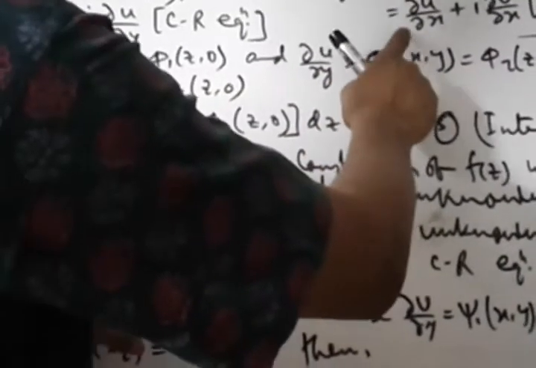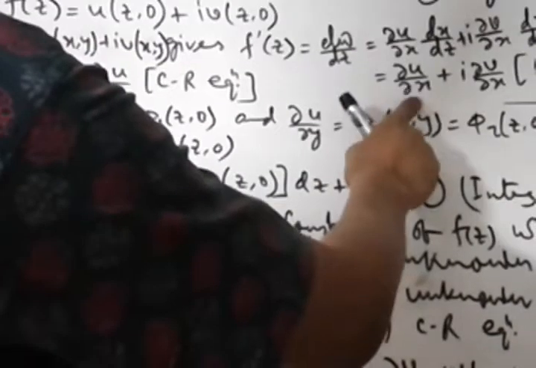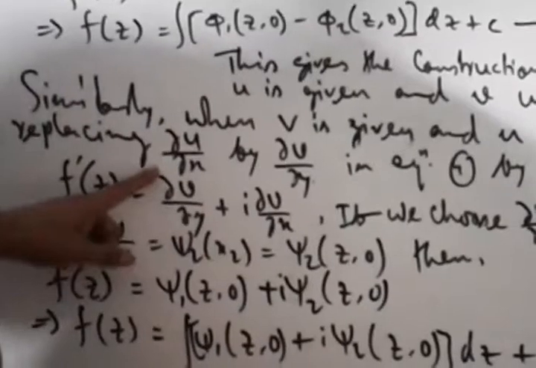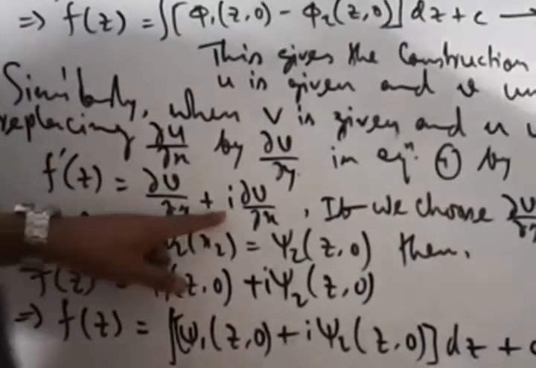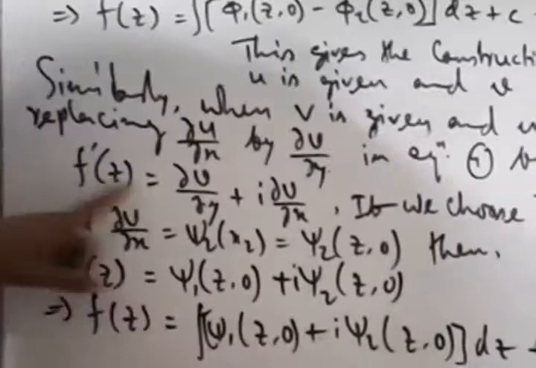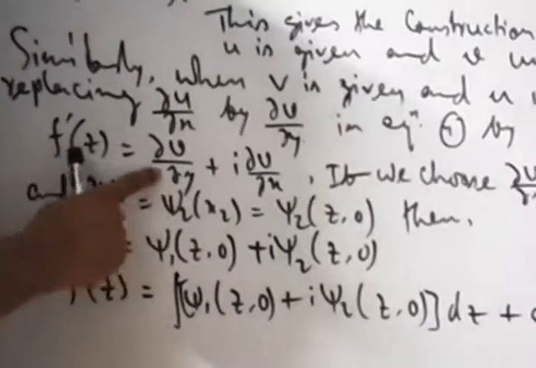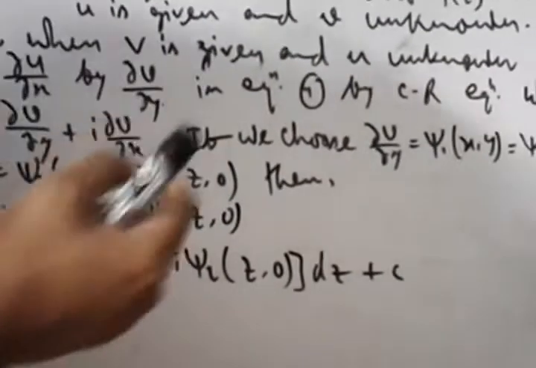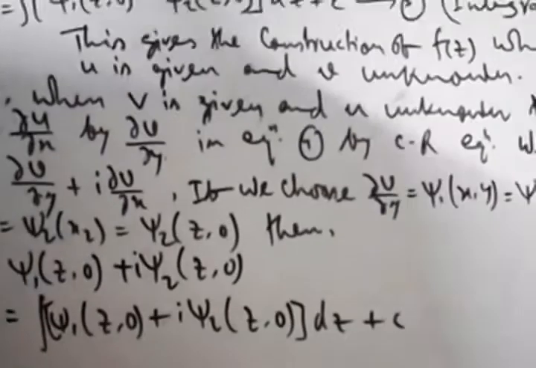So we have to replace del v by del y in place of del u by del x. So f prime z is equal to del v by del y plus i del v by del x. This remains the same. So we get f prime z is equal to del v by del y plus i del v by del x when v is given and u is unknown.